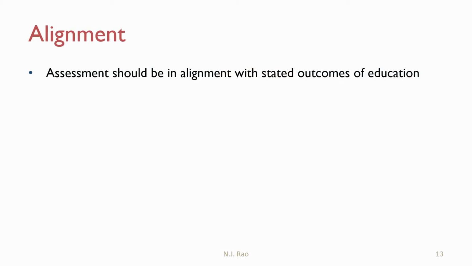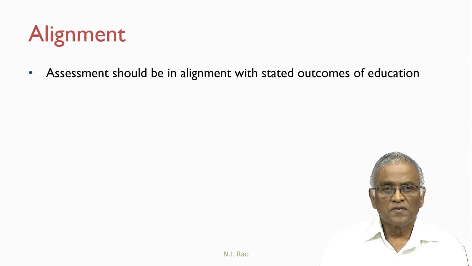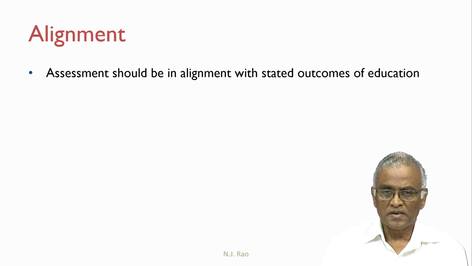Now, another important feature of assessment is the alignment. Assessment should be in alignment with stated outcomes of education. Your stated outcomes, which we will see in great detail in the later units, if the outcome, for example, considers the student should be able to solve certain problems, let us say in electronics.